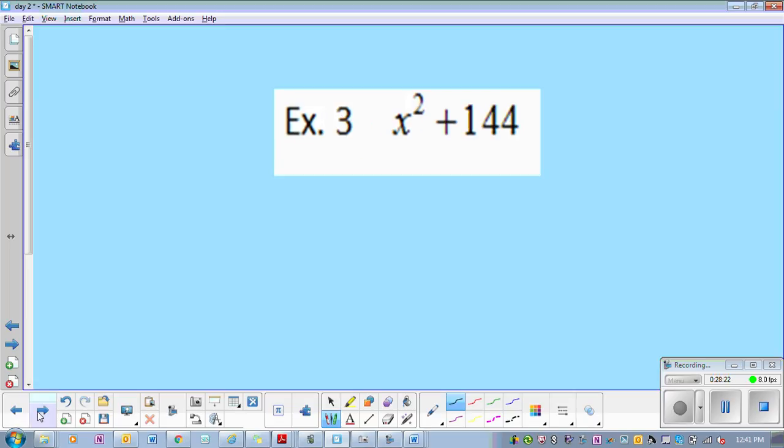Let's look at example 3. X squared plus 144. Thoughts? No solution. Why? Because it's plus. Is this a difference? No, this is the sum, right? It's not a sum of squares. This is prime. We don't even have a GCF we can take out of it.